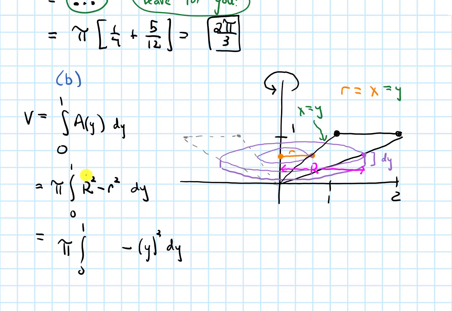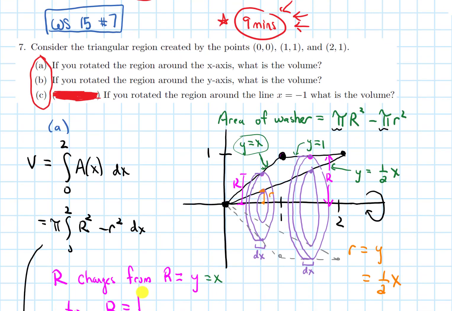I just have to find big R. Big R is going to depend on the x-coordinate at this point. I need the x-coordinate at that point, and that point is on the line whose equation was y equals 1/2 x. Let's isolate the x.